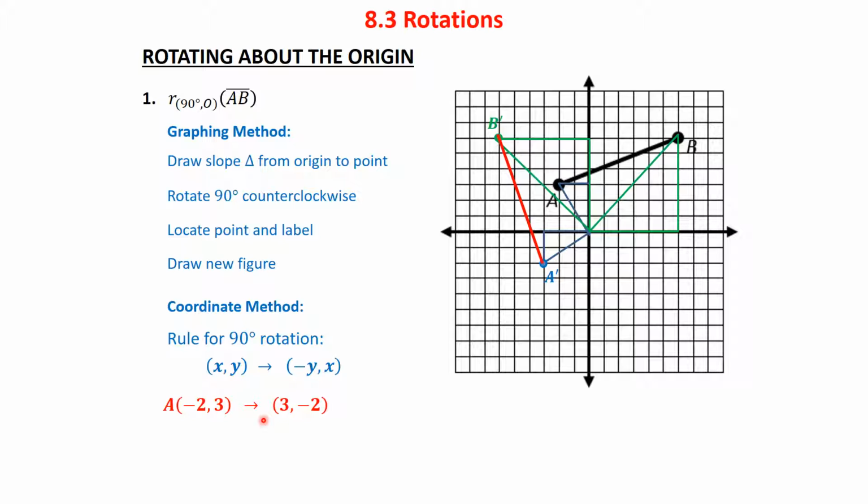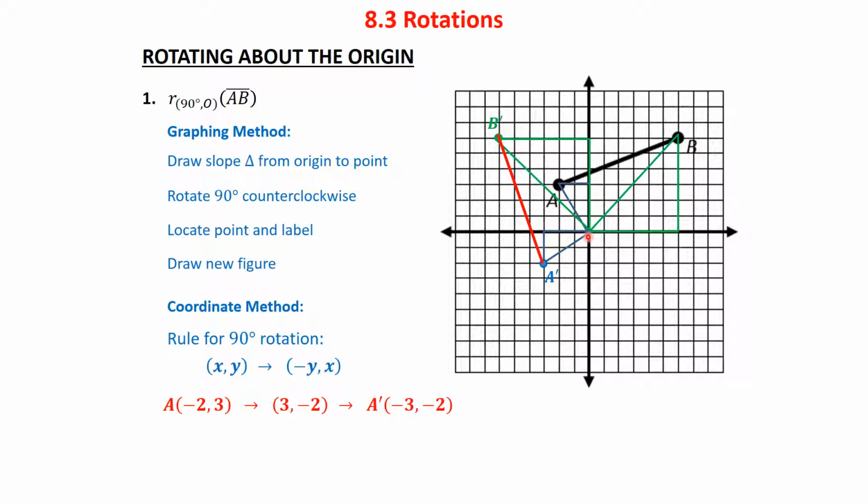And so the first thing I want to do is change the order from -2, 3 to 3, -2. But then we also have the next part which says I want to take that front number and multiply it by -1. So notice this negative sitting up front, I'm going to multiply 3 by -1. And so my final answer is that A prime will exist at -3, -2.